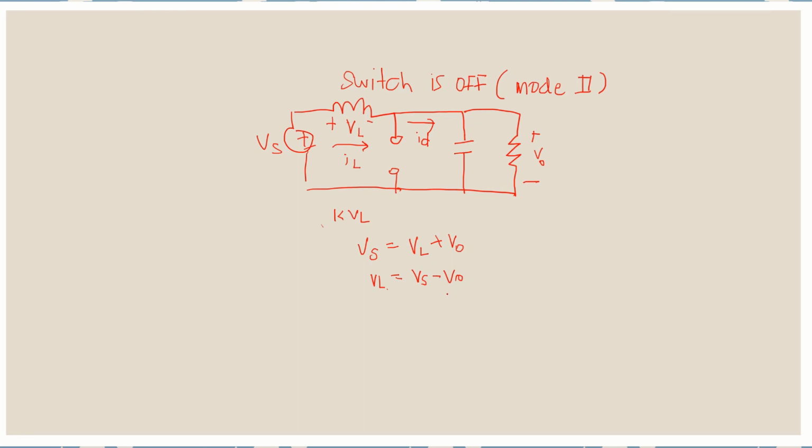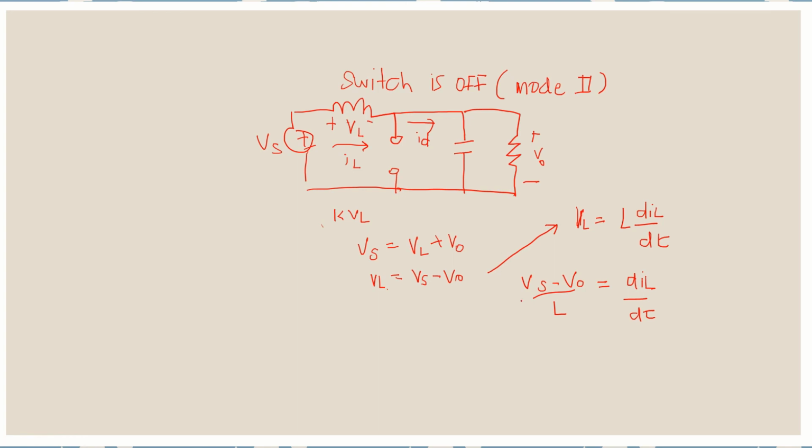Do you still remember VL equals L dIL divided by dt? So let's replace VL with Vs minus V out and bring the L to this side, and you get dIL divided by dt.